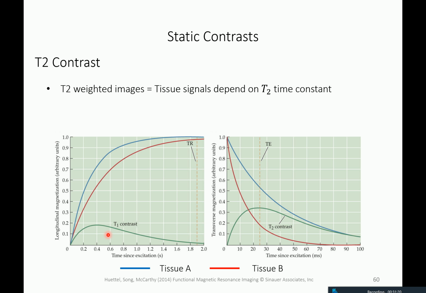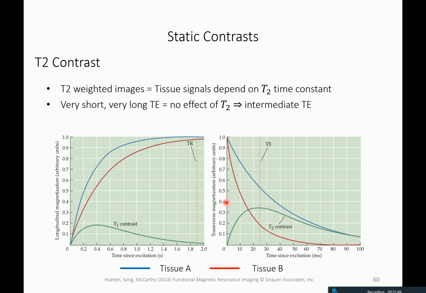In a way, you could argue that okay, you also have minimum T1 contrast here in the very beginning. But then, as you also said, you of course don't want to deal with basically no signal. So then it makes sense to wait until the signal that you can get is maximum. So go here until the end. So use a long TR, and then, as you rightly said, use an intermediate TE to be most sensitive to T2 differences.